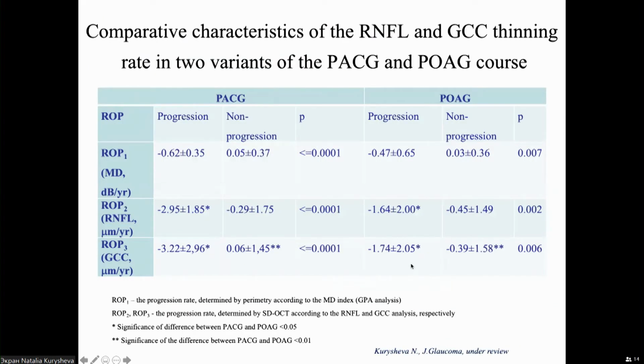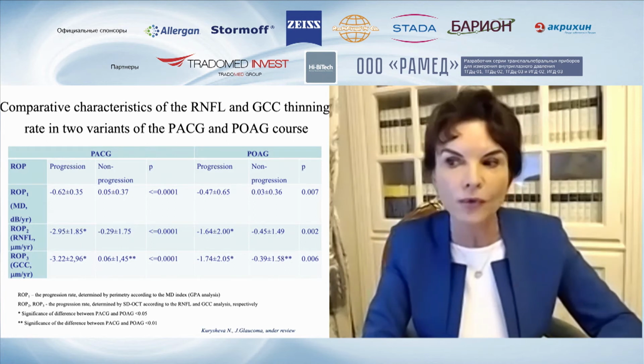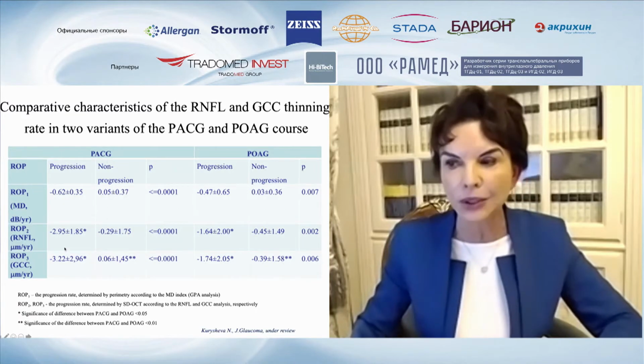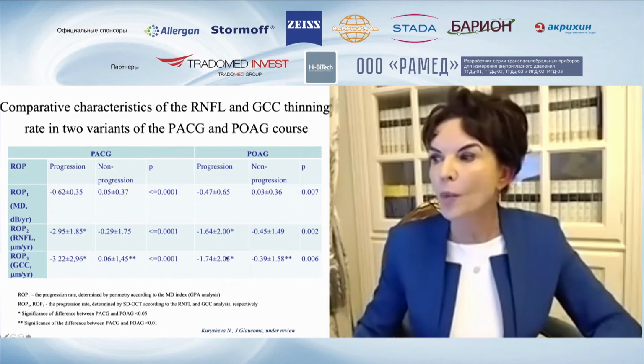When we compared two groups of patients with progression and non-progression eyes in both glaucoma forms, we noted that the rate of thinning of retinal nerve fibers and ganglion cell complex in primary angle closure glaucoma is 2 times higher than in primary open angle glaucoma.